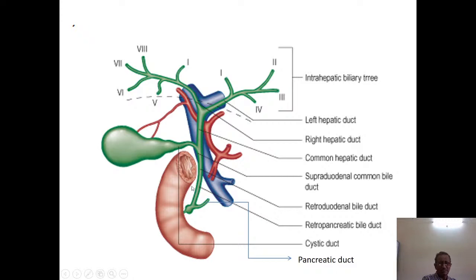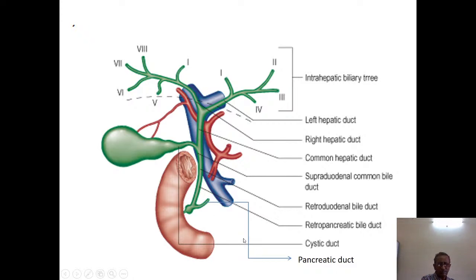This bile duct is joined by the pancreatic duct, and finally it forms the hepatopancreatic ampulla, which opens in the second part of the duodenum on the major duodenal papilla. So this is the major duodenal papilla on which the ampulla of the hepatopancreatic duct is opening.